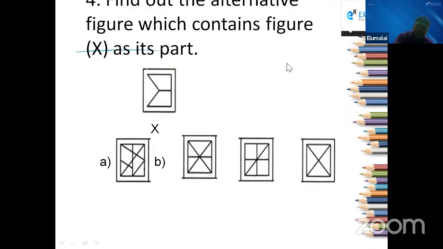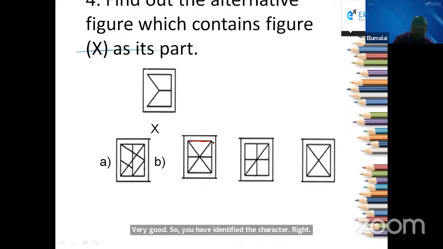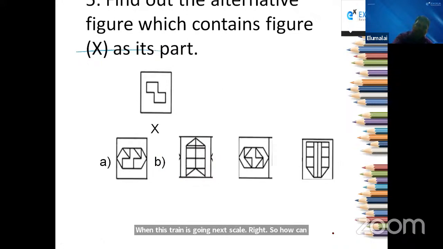So everyone has identified the correct answer. So this straight line is here, and this straight line is here. This straight line is here. Now this straight line is here. Then this straight line is here. Then this straight line is here. So option B is the correct answer. Great. Now answer this question.